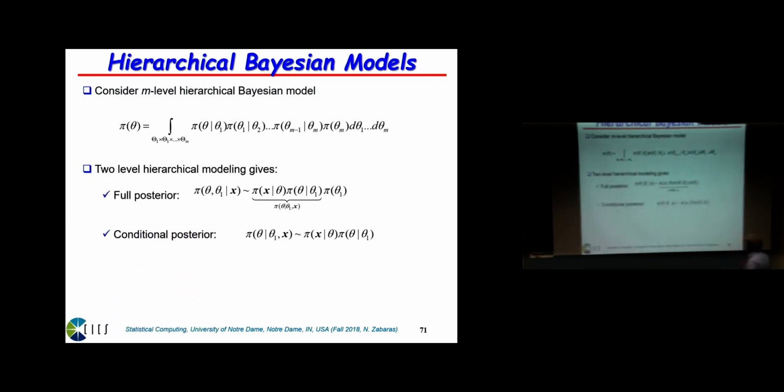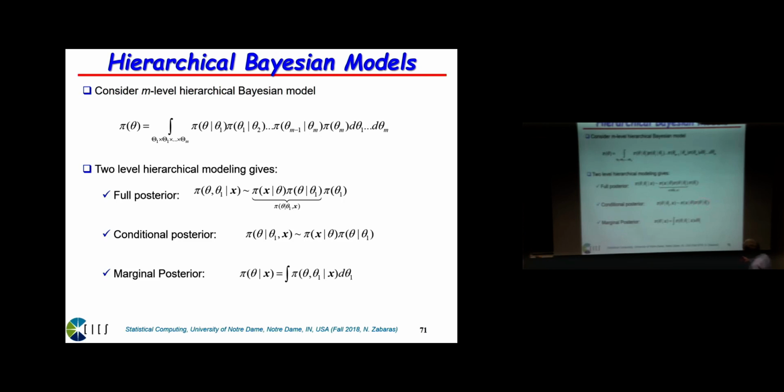So let me just give you, for the particular example, all the possibilities you may want to consider. The difficult thing would be to calculate the whole posterior of all parameters. Very few people do this. The other one would be to fix the hyperparameters, before I had phi, I call it here theta 1, and compute the posterior of theta given theta 1.